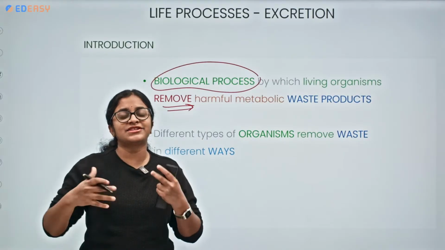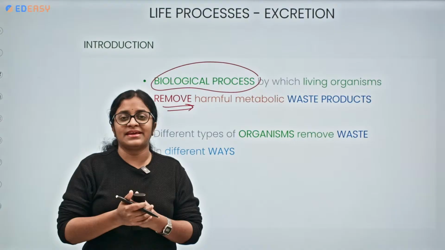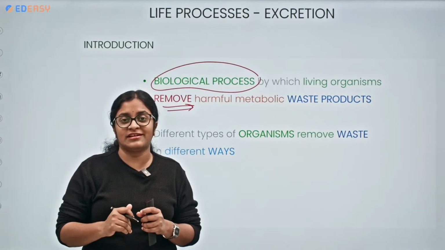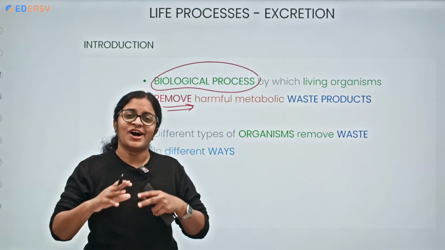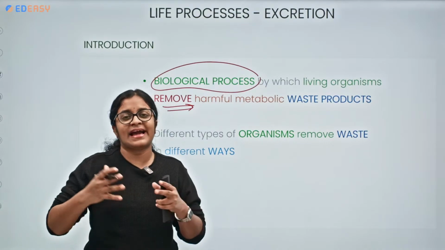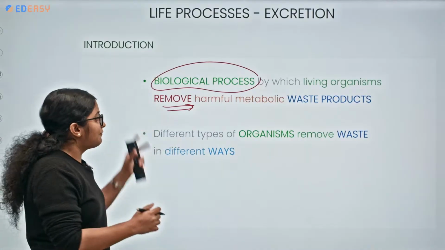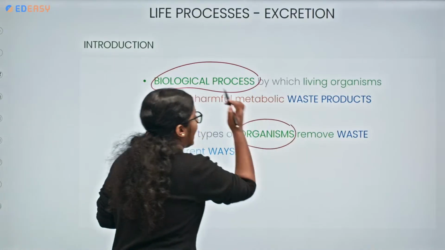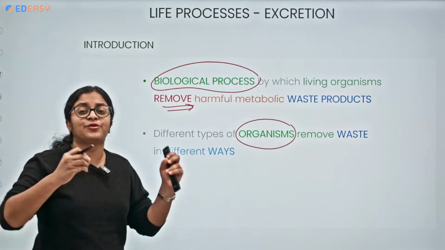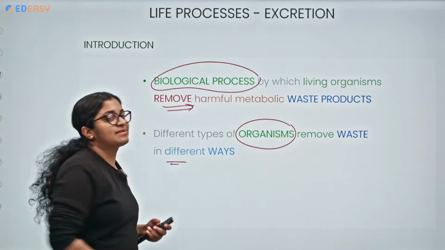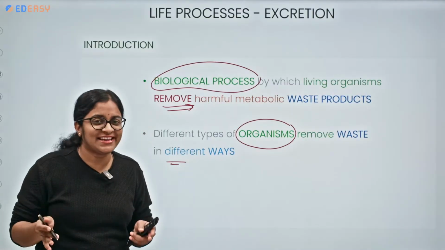There is a lot of structural complexity when we compare the higher organisms with the unicellular. So we cannot say that all living organisms have the same levels of excretion. Definitely, different types of organisms have different ways of removing waste material. Okay, do you all agree?